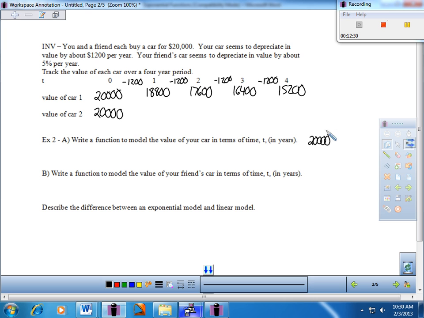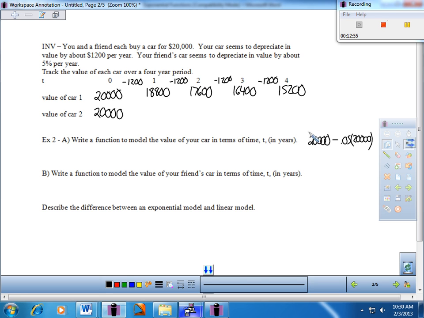So let's talk from year 0 to year 1. The value of the car starts at $20,000, and it's going to lose, so we're going to take away 5% of that $20,000. Everyone okay with that? So it starts at 20 grand, and we're going to subtract 5% of that 20 grand. That should give us the new value.